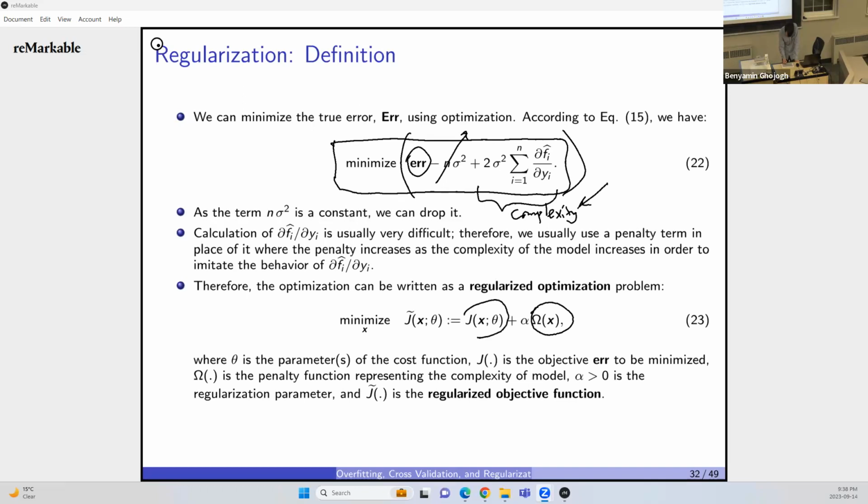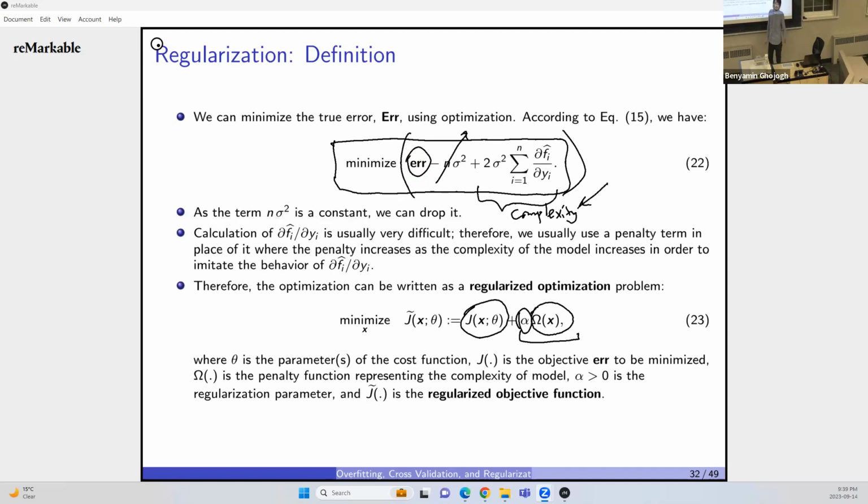So this is the cost, the empirical error, but I regularize it by some regularization term with some weight alpha. Alpha is usually called the regularization parameter, and it's usually greater than 0. It shouldn't be negative, otherwise minimization becomes maximization, right?